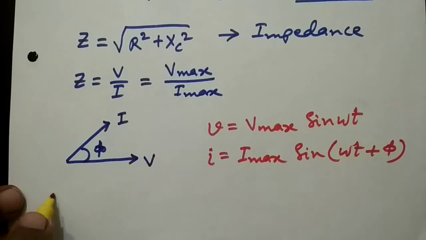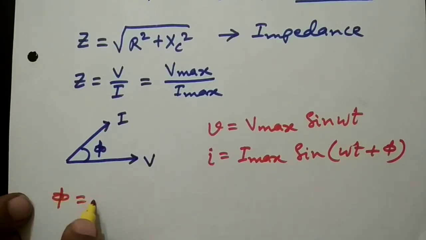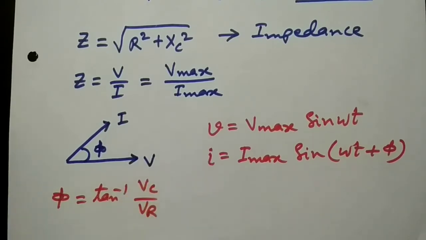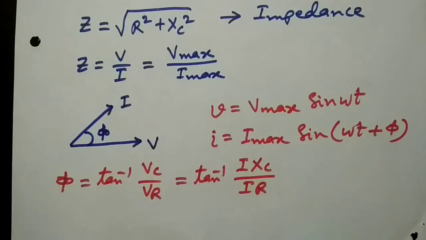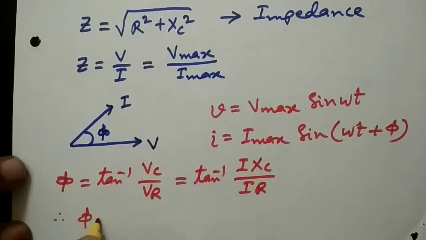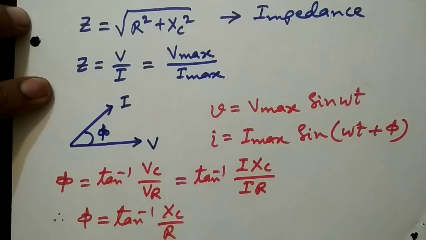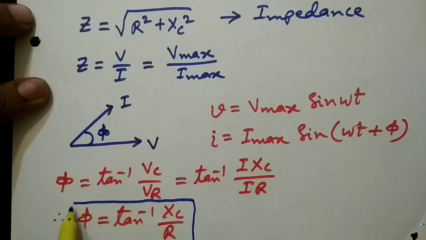So phi can be represented as tan inverse VC upon VR, or it can be written as tan inverse I into XC upon I into R. So finally phi can be written as tan inverse XC upon R. So this is the phase angle of a resistive capacitive series circuit.